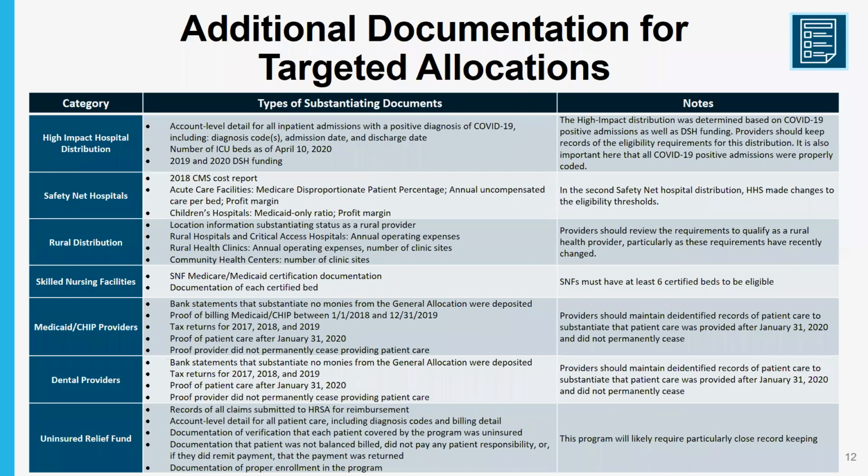But again, to ensure that you're keeping your records as complete as possible, we feel it's important that you pull together whatever you submitted that substantiated your eligibility, as well as supporting documentation.